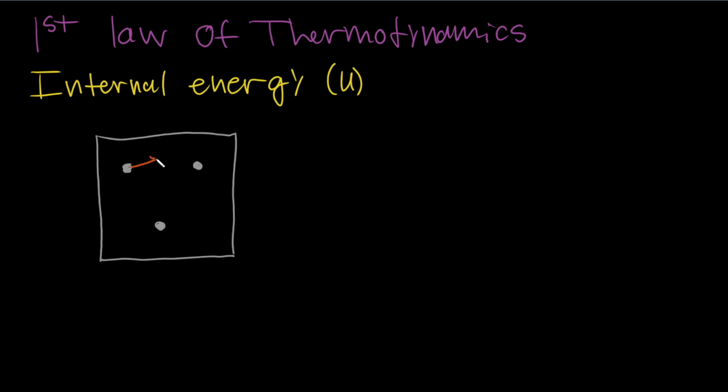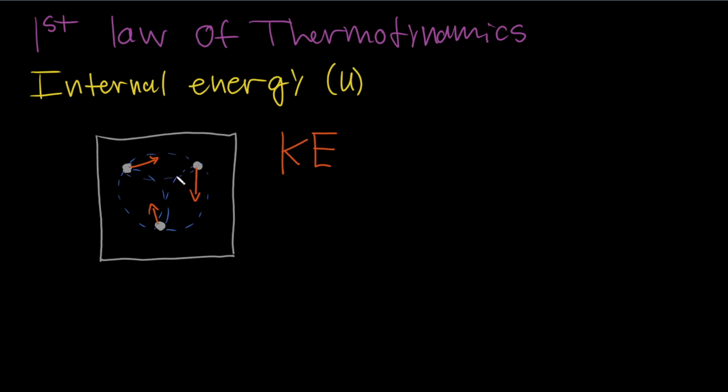Now these particles are moving around, and if you remember from physics, movement is associated with kinetic energy. Now, these particles are also experiencing a force of attraction or repulsion between them.